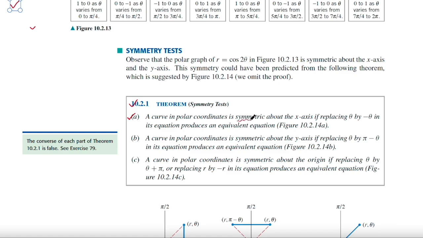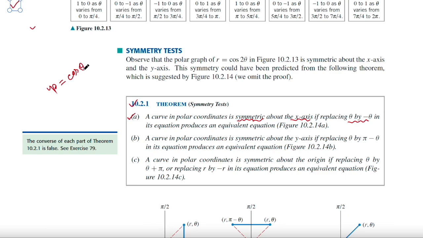A curve in polar coordinates is symmetric about the x-axis if replacing theta by minus theta in its equation produces the same equation. For example, r equal cos theta.